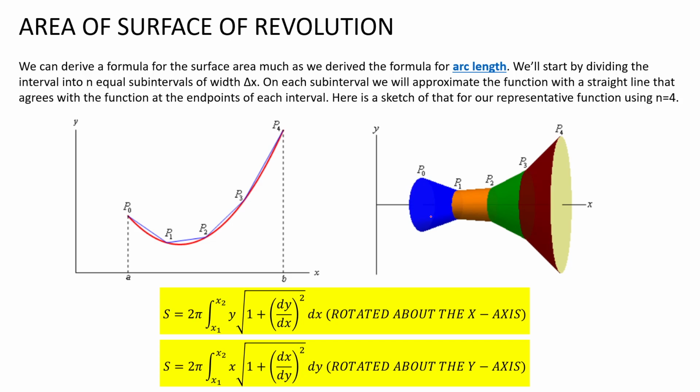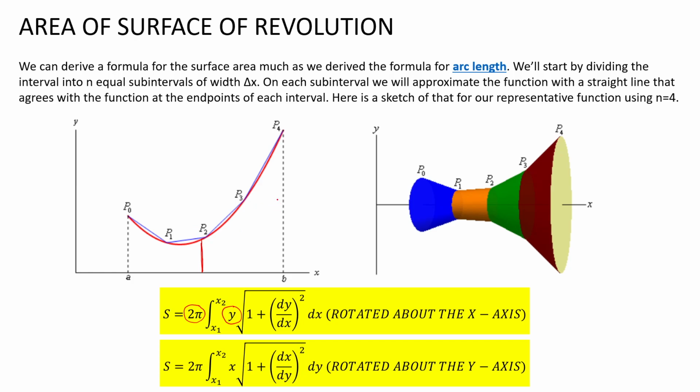So for the formula, you're just going to use the same formula for the arc length, but you're just going to add 2 pi r. For example, this is the arc length that you're going to rotate about the x-axis. So of course the rotating arm will create a circle, and what you're going to generate is the circumference of the circle.